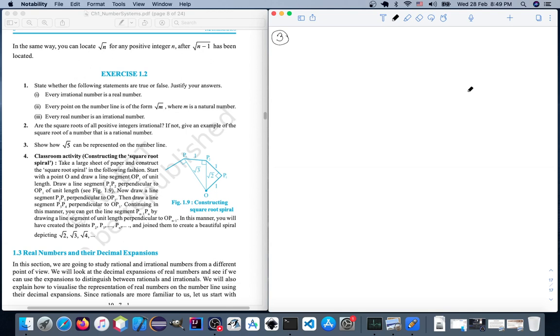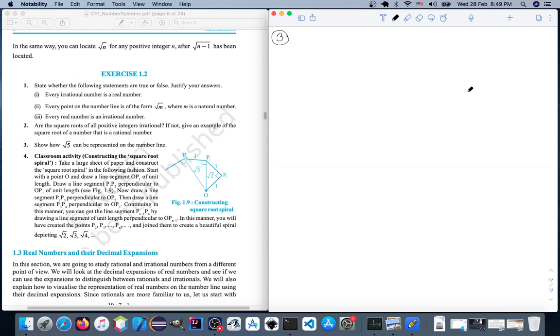Even though root 4 is not an irrational number, it is 2. It is finding the square root of n, where n is a natural number. Like square root of 1, it is 1. Then square root of 2, square root of 3, square root of 4, square root of 5, square root of 6. This way, when we try to find these numbers by using the Pythagoras triangle, we see a spiral, as you can see in the figure.